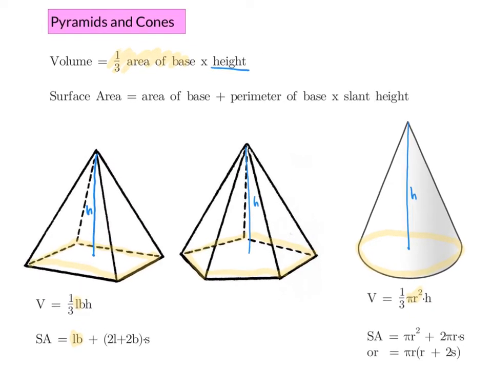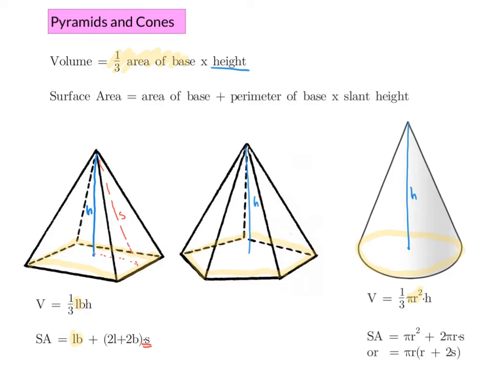But careful, the height in this case is not the height in the middle. It is the slant height, and the slant height is the height of the edge of the shape. If you don't know the slant height, you can use Pythagoras to work out what the slant height is.